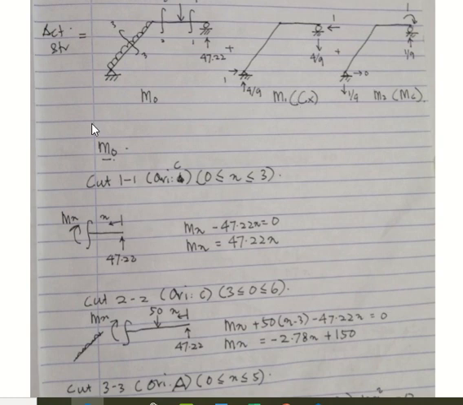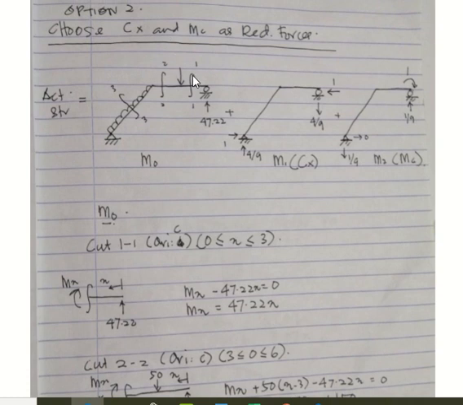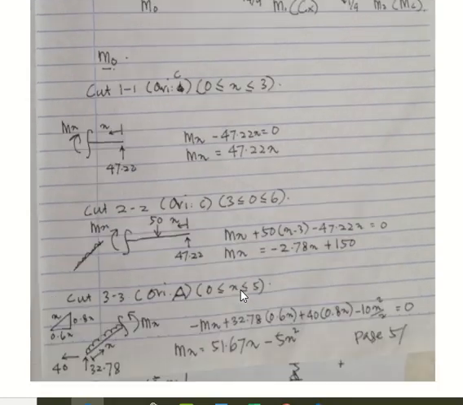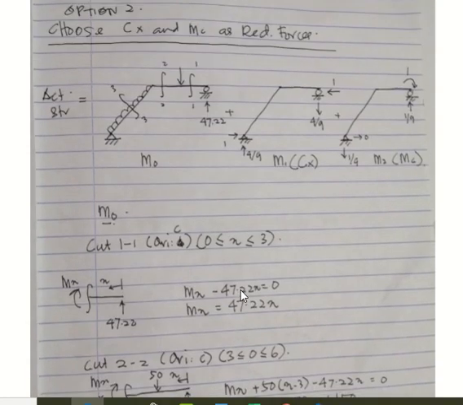For the primary structure, we do the cutting. We decide this is cutting number 1, this is cutting number 2, and this is cutting number 3. For this option number 2, for cutting number 1 and number 2, I choose C as our origin, and for cutting number 3, I choose A as our origin.